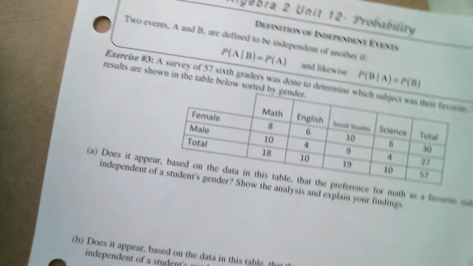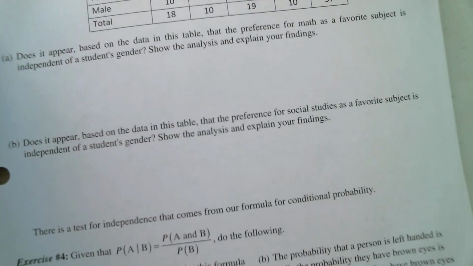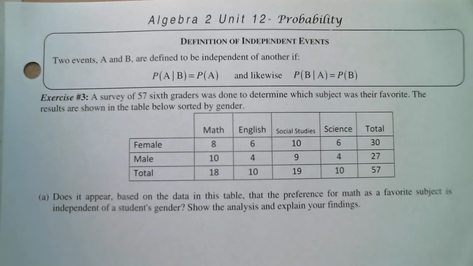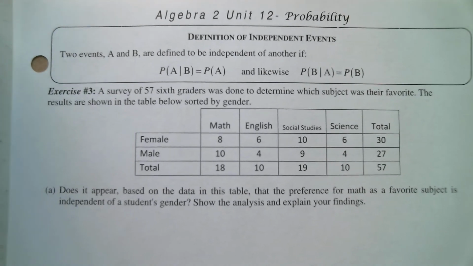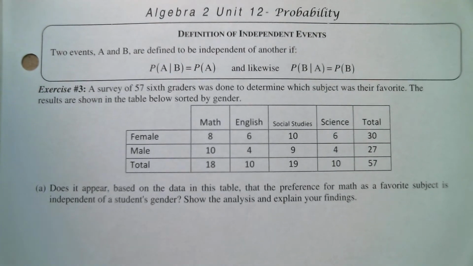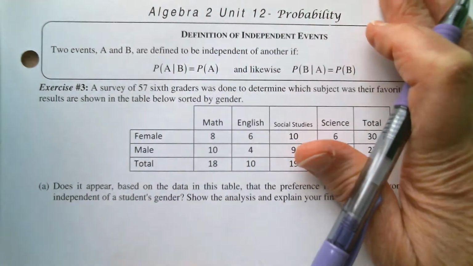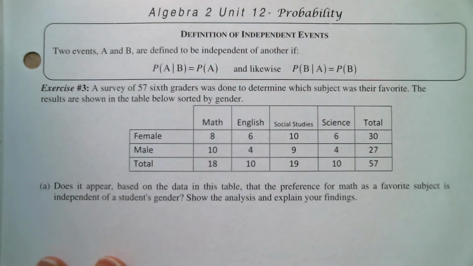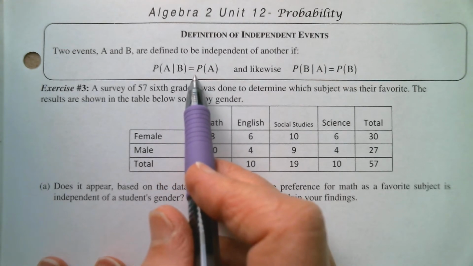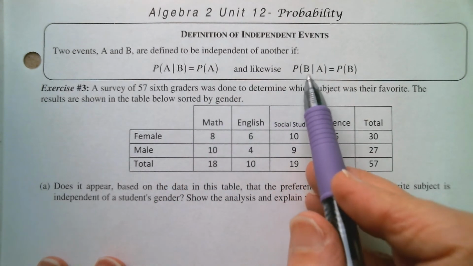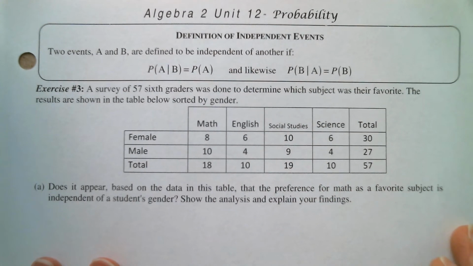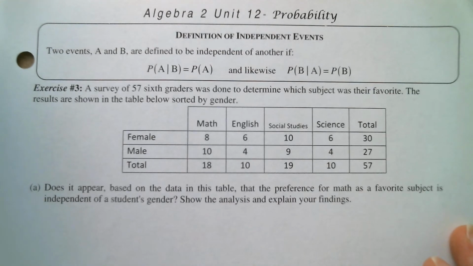So here we have at the top of the next page, page 424, our formula. Two events A and B are defined to be independent of one another if the probability of A given B equals the probability of A, and likewise if the probability of B given A equals the probability of B. You have to memorize this, so please write it down.